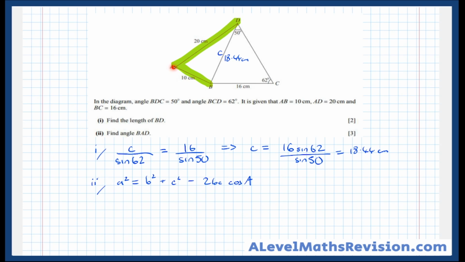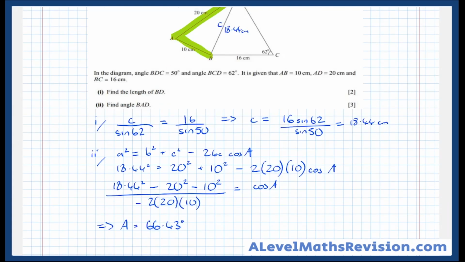So if this was called something else like x, and I should say that the ambiguous case doesn't occur when we're inverse cosing, only when we're doing inverse sine, because the inverse cos of something in the region that would be valid in a triangle, which is 0 to 180, because there's 180 degrees in a triangle, there's only one solution for any inverse cos, but for inverse sine, there are two solutions. So the ambiguous case occurs when inverse sining only.